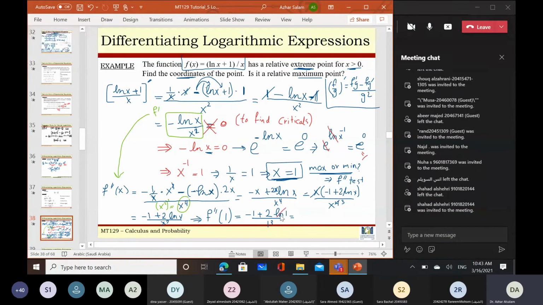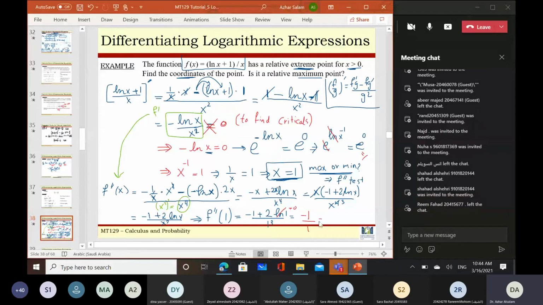Okay, this is equal to 0. So I will have only minus 1. Of course, 0 multiplied by 2 is all 0. Only minus 1 divided by 1, which is minus 1.